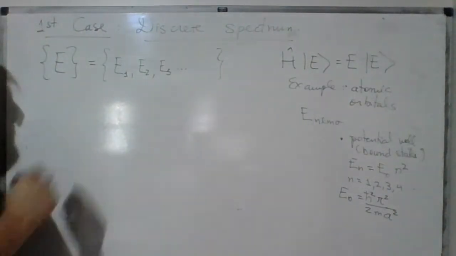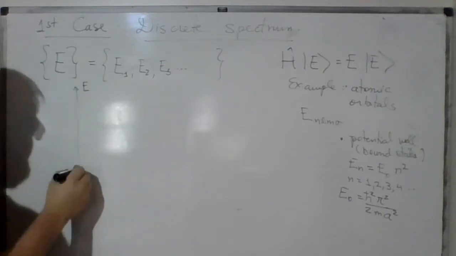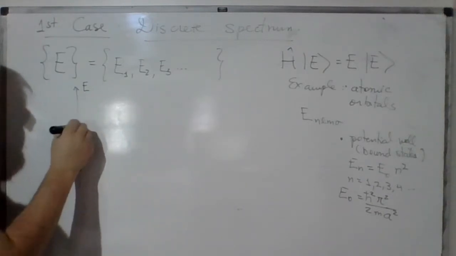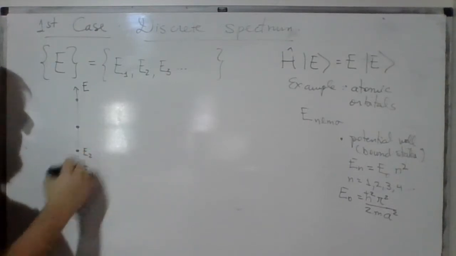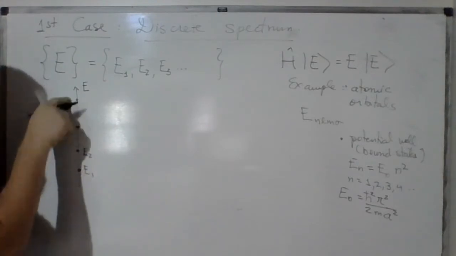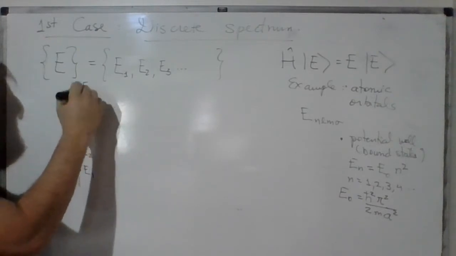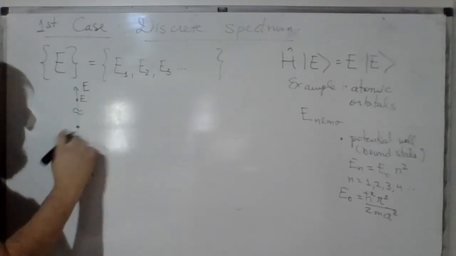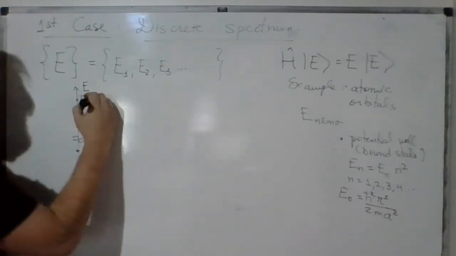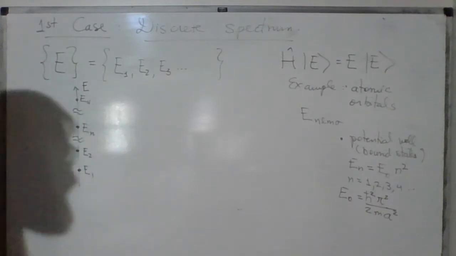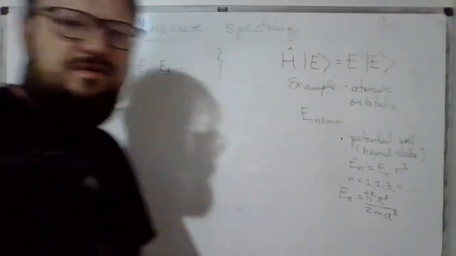And then in the energy line, you have exactly known values for the energies. Okay, so here you have some E n level, a superior limit of energies in the line. Only exact values are possible.